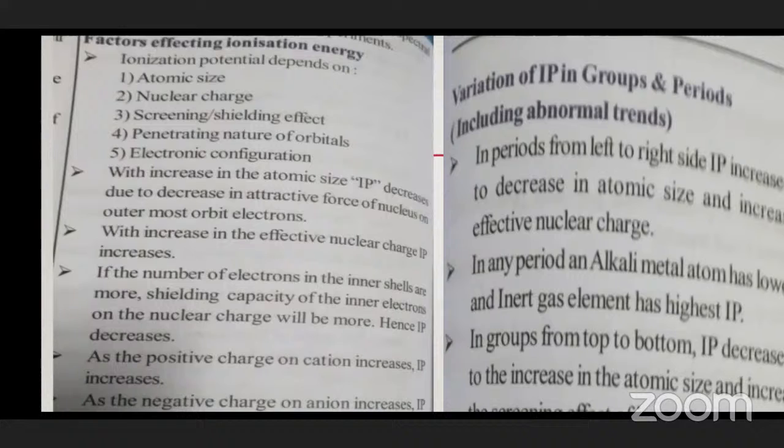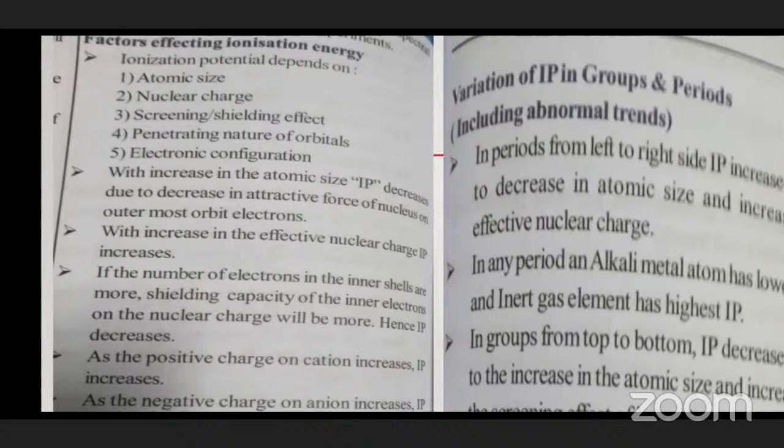Let's take an example: lithium and sodium. Lithium has atomic number 3, meaning only 2 shells are present. Sodium has 3 shells. From which can we remove the electrons easily, lithium or sodium? From sodium, because its size is more, as the number of shells is 3, whereas lithium has only 2 shells.